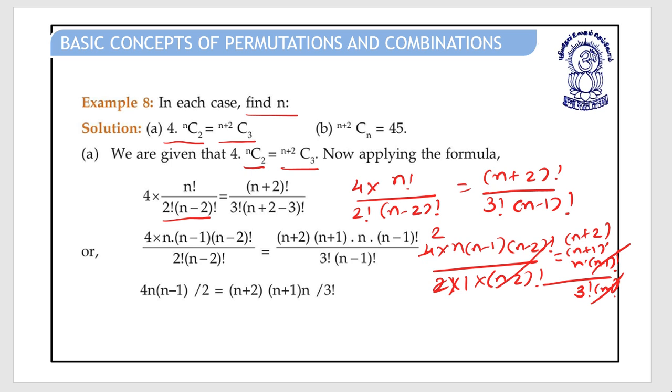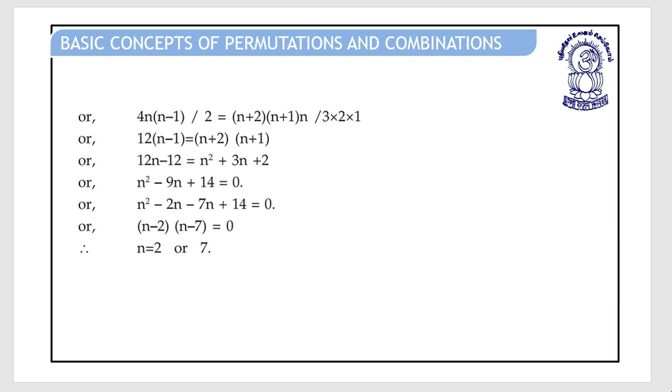n plus 2 into n plus 1 into n into n minus 1 factorial upon 3 factorial, n minus 1 factorial, n minus 1 factorial cancels. So you will get 4 into n into n minus 1 upon 2 is equal to n plus 2, n plus 1, n upon 3 factorial. So 4n into n minus 1 by 2 is equal to n plus 2 into n plus 1 into n by 3 into 2 into 1. n cancels.